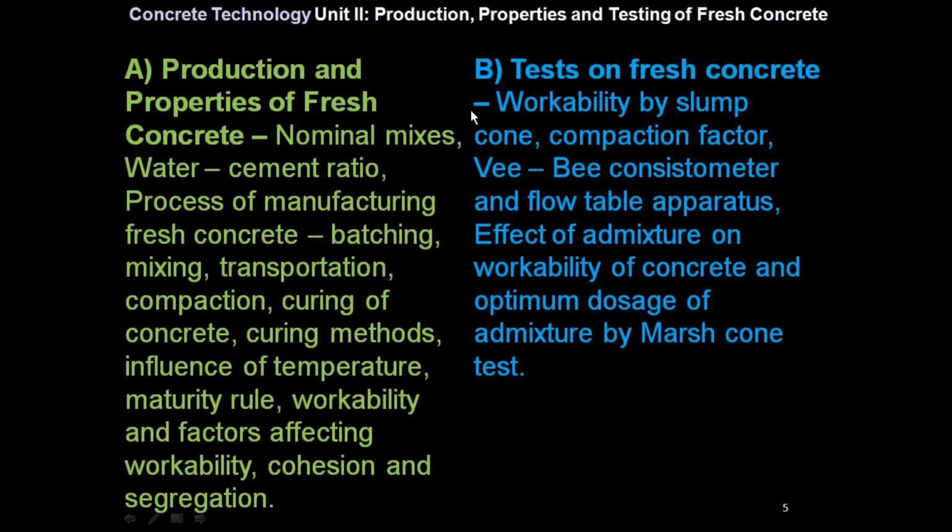It also includes part B, tests on fresh concrete: workability by slump cone, compaction factor, VB consistometer and flow table apparatus, effects of admixture on workability of concrete and optimum dosage of admixture by Marsh cone test.